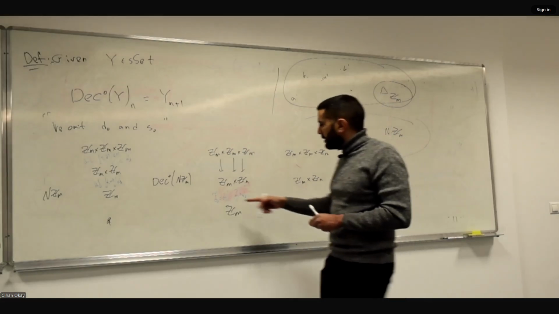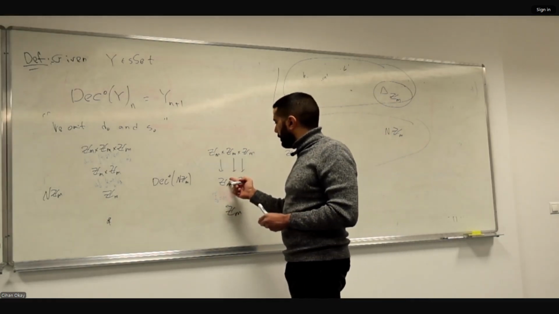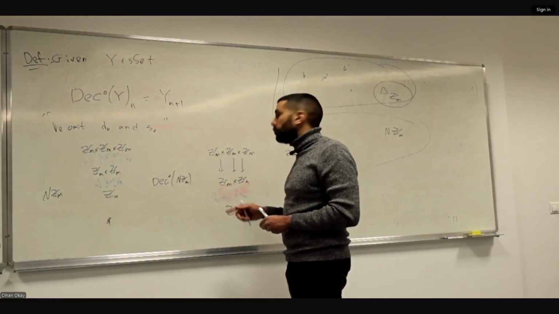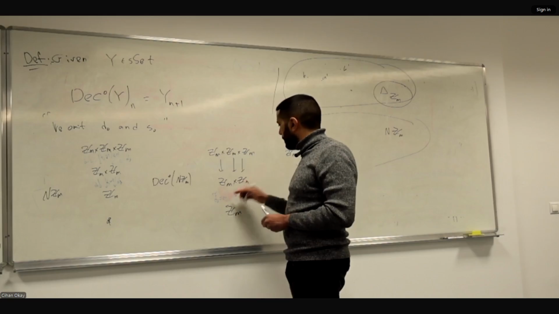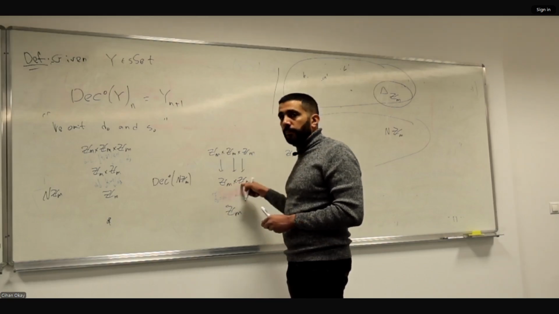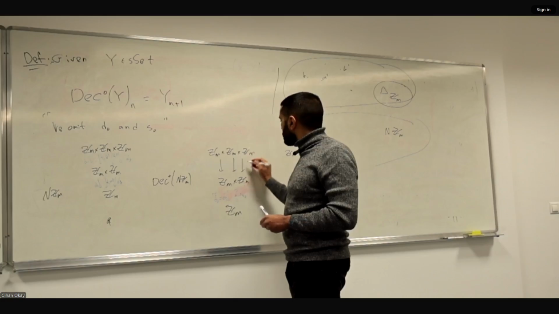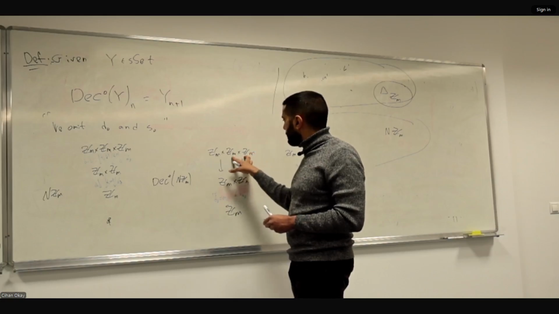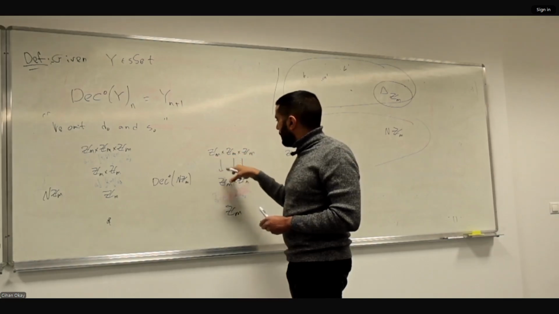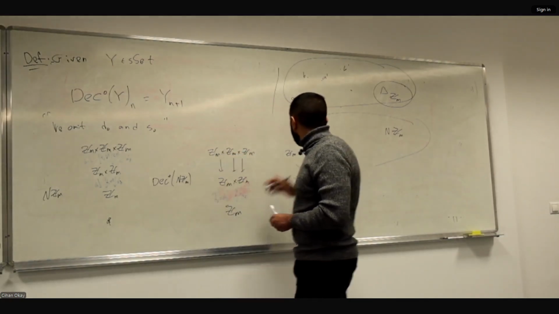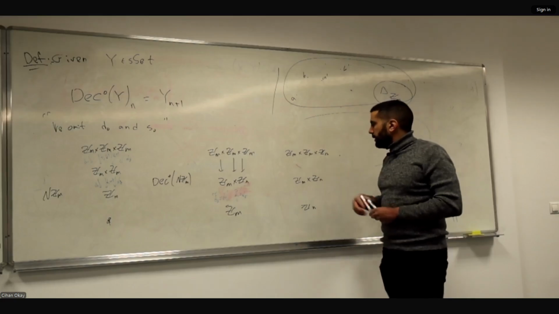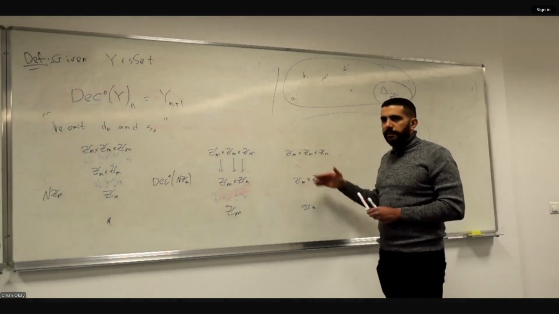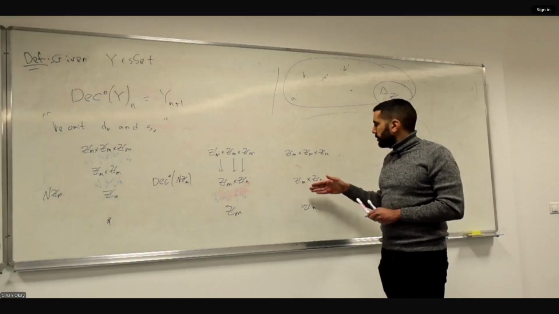Here this map deletes the last one, but this other map is the sum of them. Here the last face map deletes the last one, but the other is the sum. But here, all the face maps are by deleting, and all the degeneracy maps by copying.